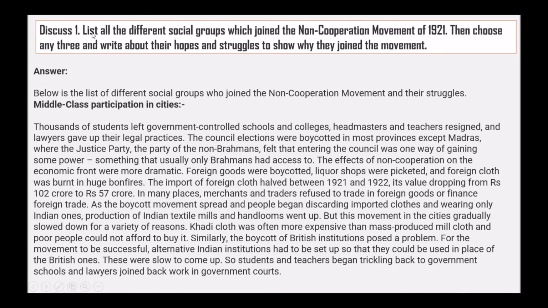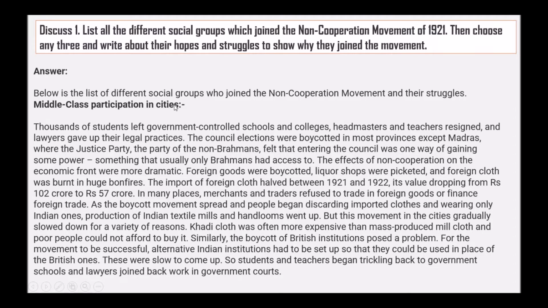Next, discuss. List all the different social groups which joined the non-cooperation movement of 1921. Then choose any three and write about their hopes and struggles to show why they joined the movement. Below is the list of different social groups who joined the non-cooperation movement and their struggles.